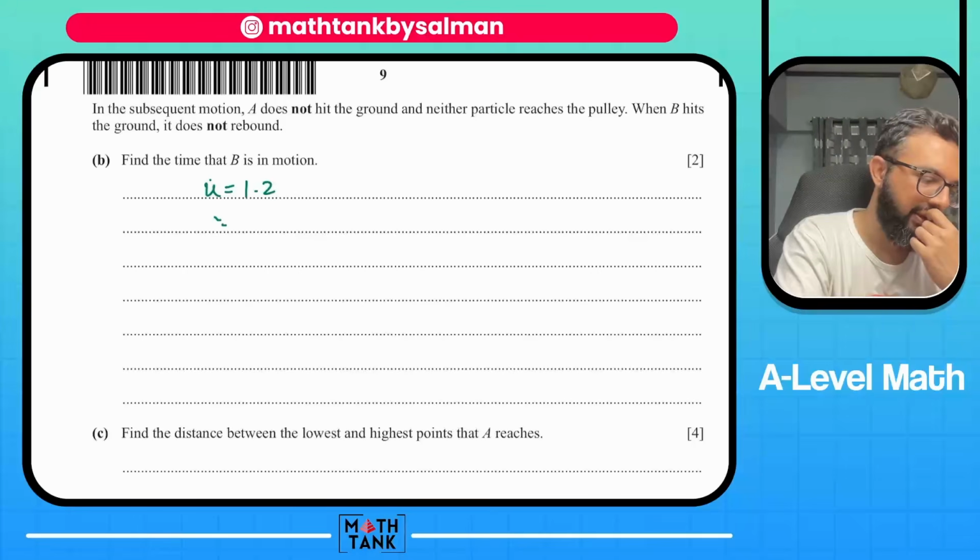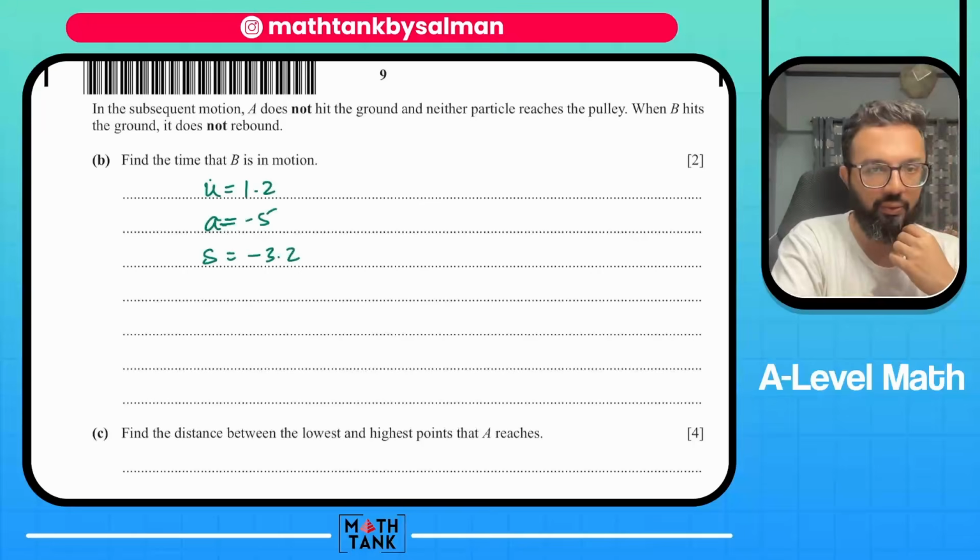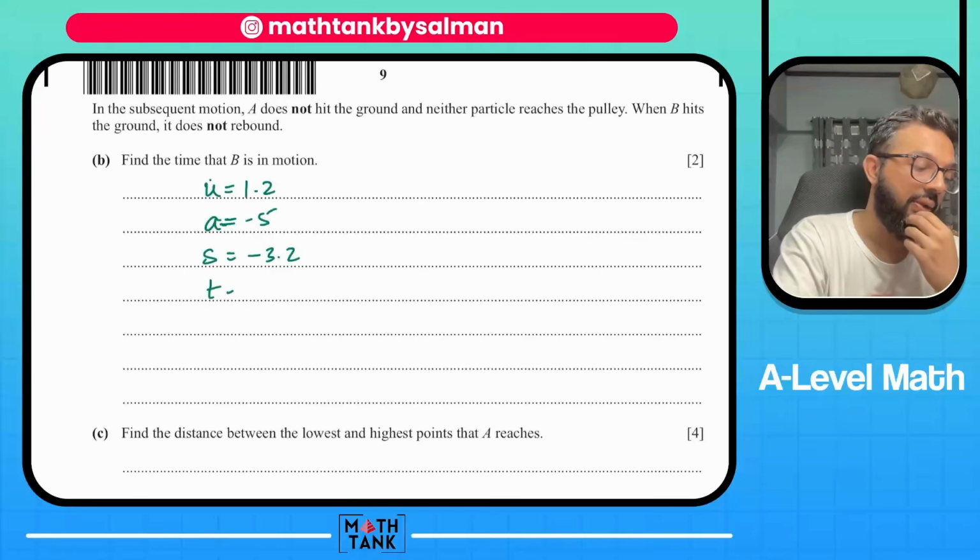It was accelerating at minus 5. It was at a height of 3.2 and then it hit the ground, which means that its final displacement was minus 3.2. So s equals ut plus half a t squared, because it was 3.2 meters above the ground. Minus 3.2.